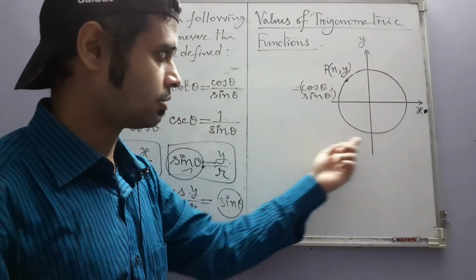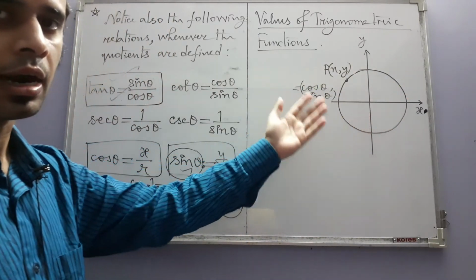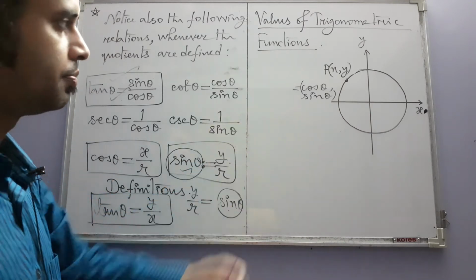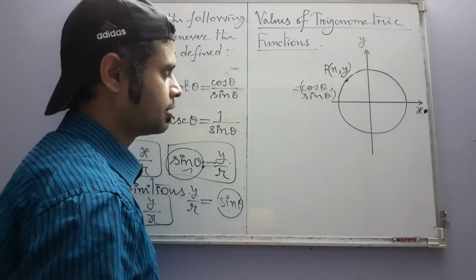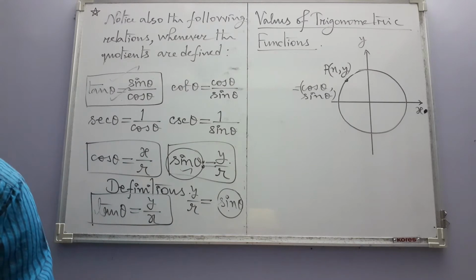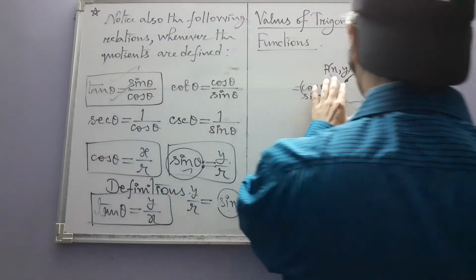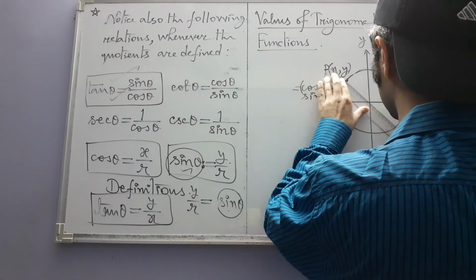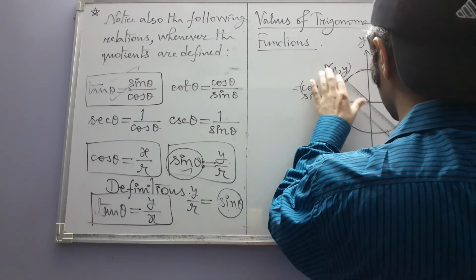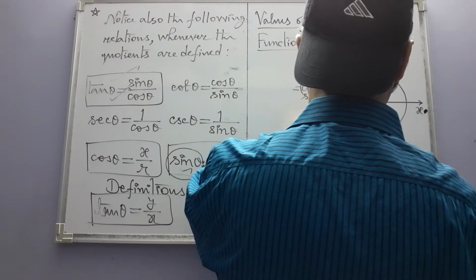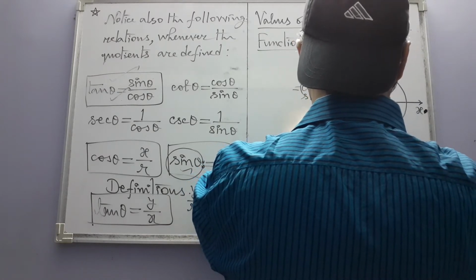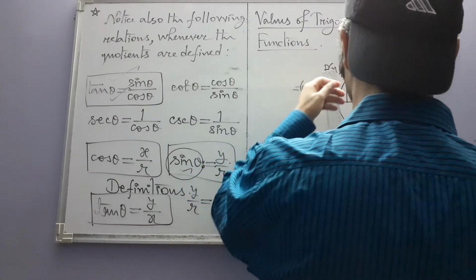But because we are considering a unit circle, r for us now is 1. So that's why cos theta comma sine theta. And let us now complete our figure by joining the origin and this, and also drawing a perpendicular from the point P on the x-axis.